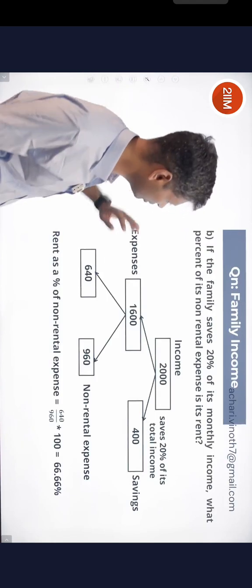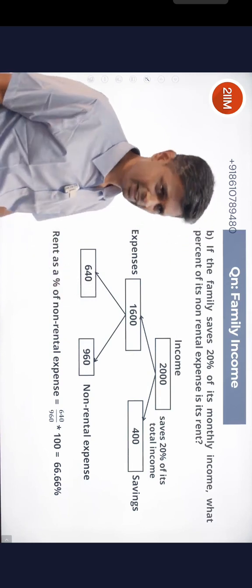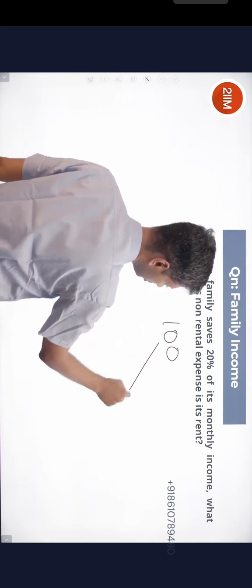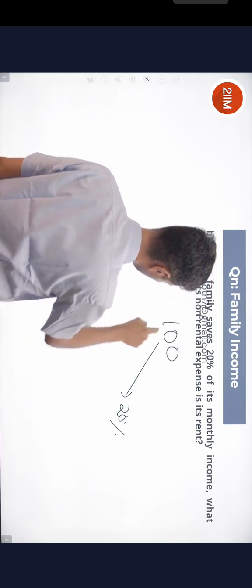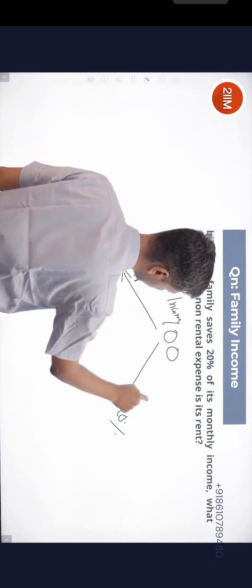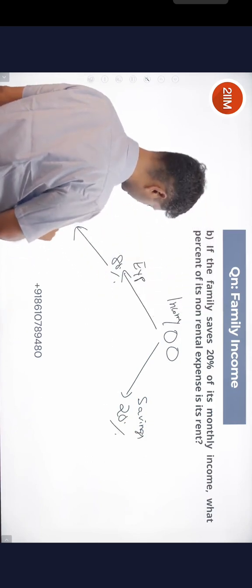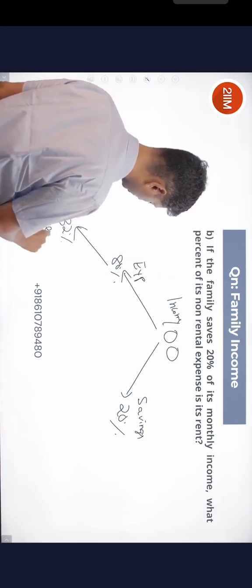But the beauty in this question is, we've done all this. Technically speaking, we could have done this without finding these numbers. You can say, hey, let's look at this question. 100 is the income, 20% is savings, 80% is expense, 32% is rental.